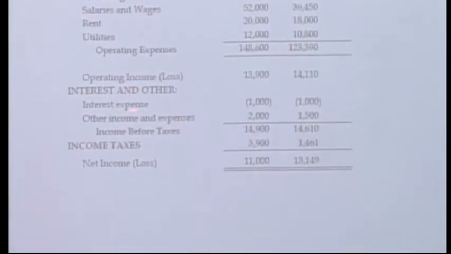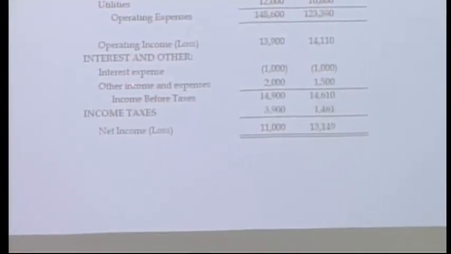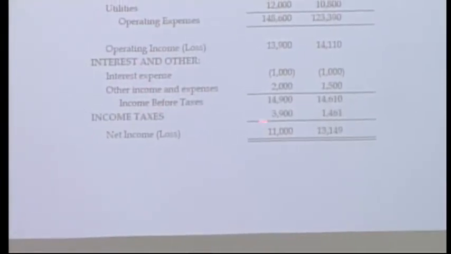On the other side, we also need to take care of interests. If you take a credit or a loan, you have interest. It's the financial part of our income statement. The difference between operating income and interests is income before taxes.